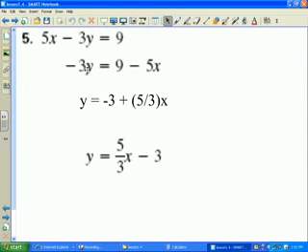I subtract 5x from both sides of the equation, and then I divide both sides by negative 3. The y is now isolated on the left-hand side, and on the right-hand side, I have an expression in terms of x. Negative 3 plus 5/3 x, which could also be written as 5/3 x minus 3.